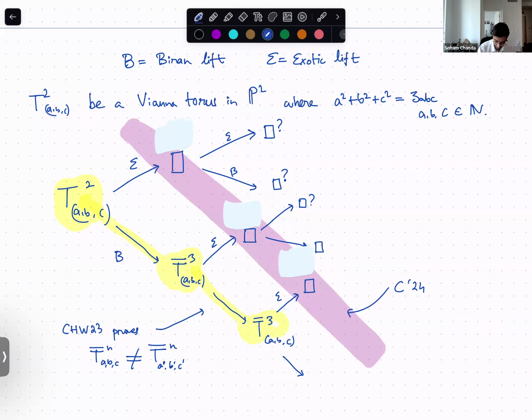You'll have a Biran lift, which is T4. And you can do this for any ABC. So for any Vianna torus, there will be this sequence of lifts in higher and higher dimensional projective space. So this is sitting inside P3, this is sitting inside P4, and so on.